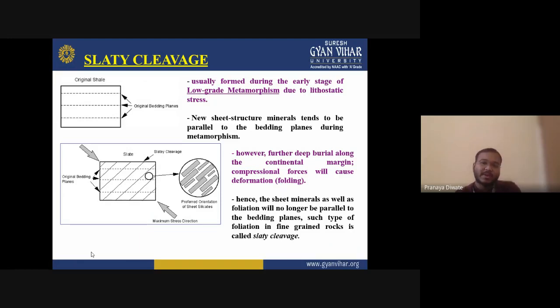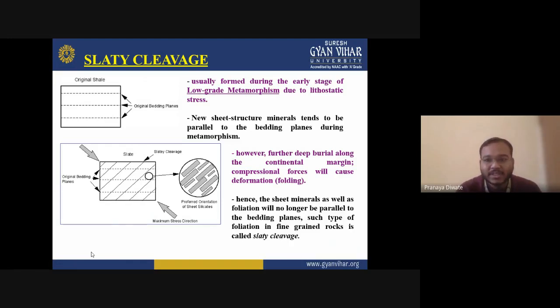Shale is transformed into a new rock known as slate. This is usually formed during the early stage of low grade metamorphism due to the lithostatic stress.